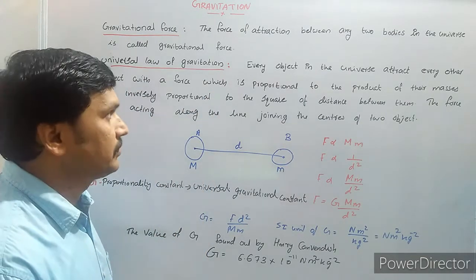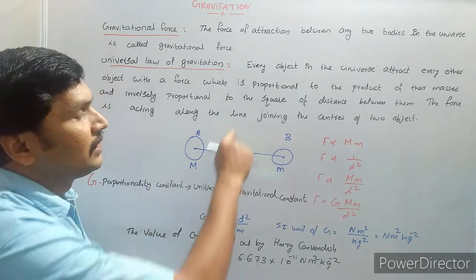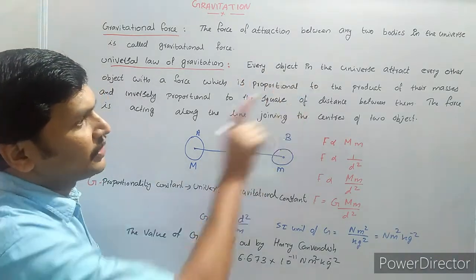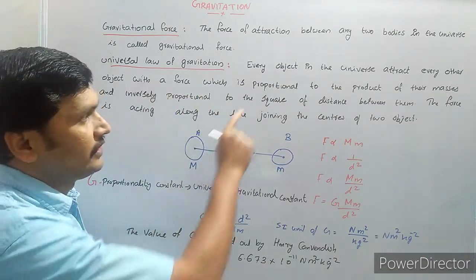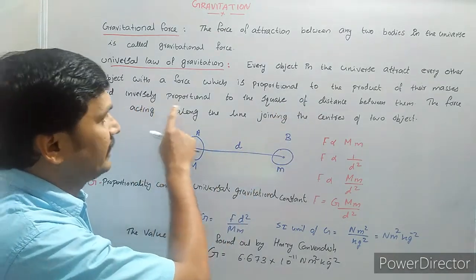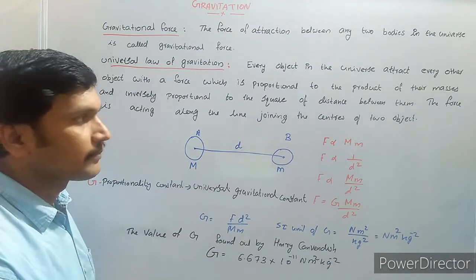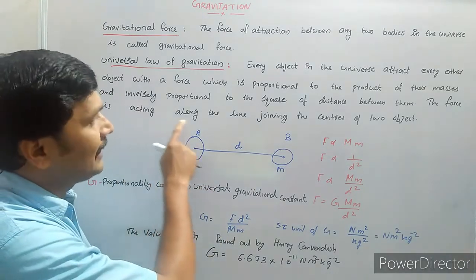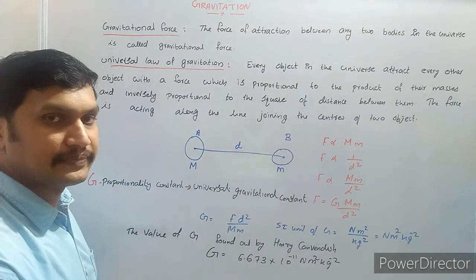According to this law, every object in the universe attracts every other object with a force which is proportional to the product of their masses and inversely proportional to the square of the distance between them. The force acts along the line joining the centers of the two objects.